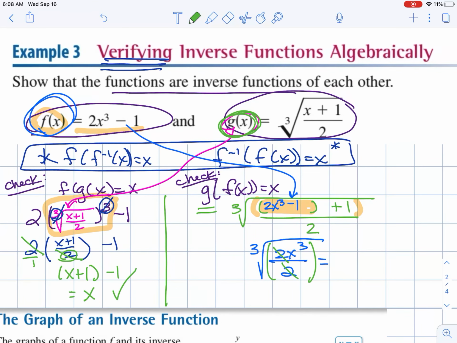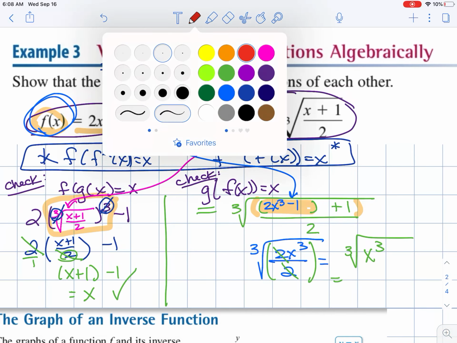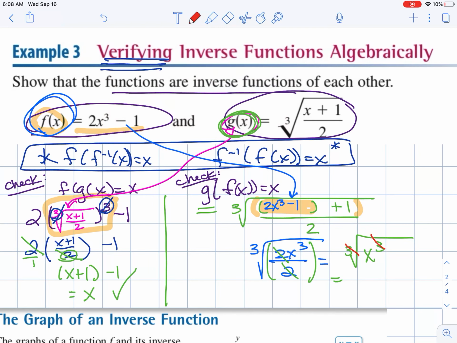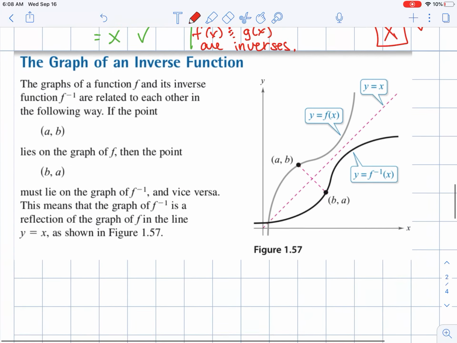Well, inside that root, again, it's got its own parentheses, so these 2s will cancel. And we're left with the third root of x cubed. Well, I know the third root and cubed are opposites of each other. They undo each other's process. So again, it's x. And so now we know that indeed f of x and g of x are inverses.